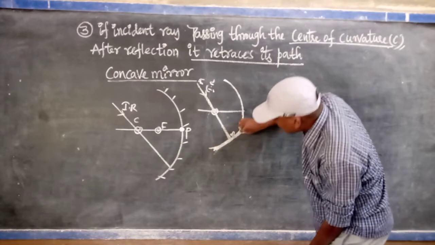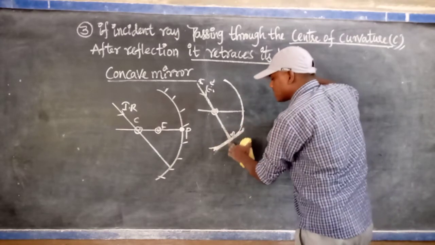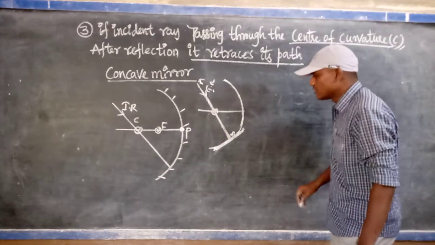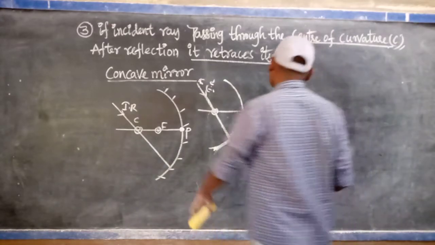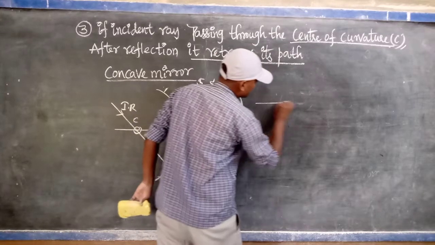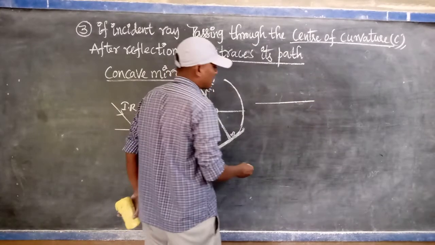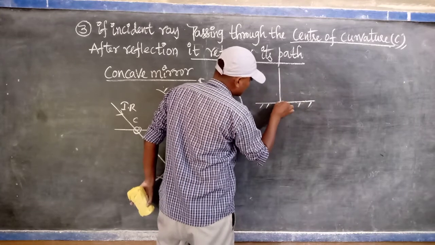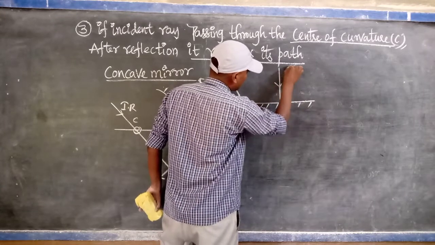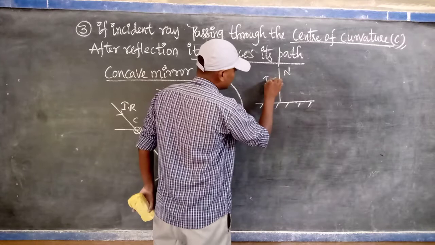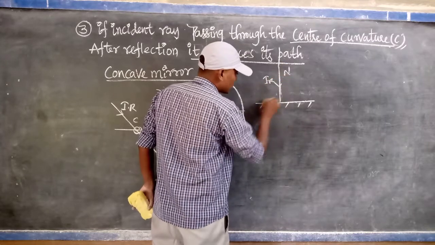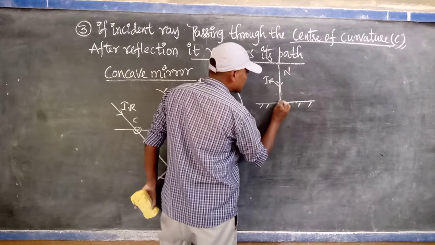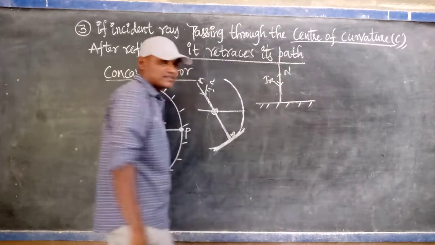The tangential line represents the reflecting surface at the point of incidence on the spherical surface. I explained this clearly in the plane mirror concept at the 8th standard level. If the incident ray falls on the reflecting surface along the normal, after the reflection it retraces the same path.